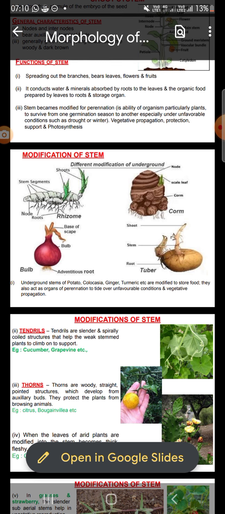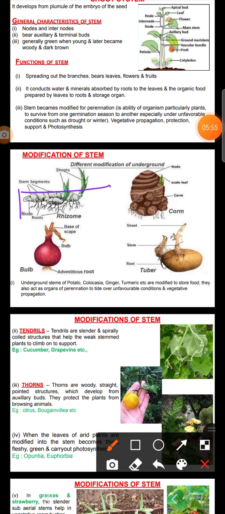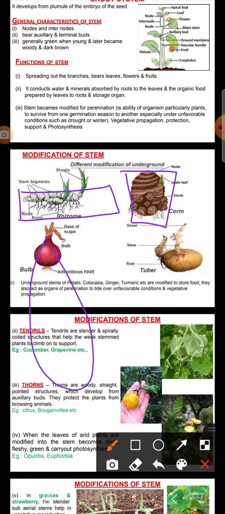So, as with the root, even in the stem the very first modification is storing of food. As they store food, they increase in size: horizontal, rhizome; vertical, corm; bulb-shaped, onions; tuber-shaped, potatoes.